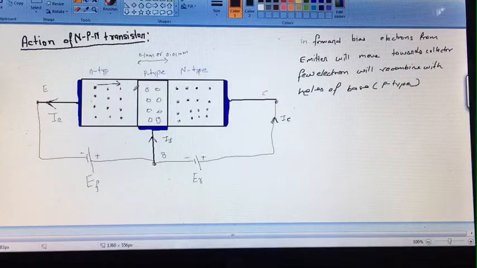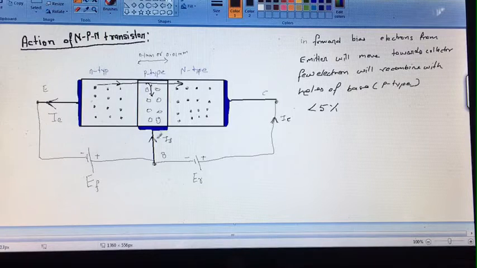Some electrons which are moving from emitter to collector will recombine in this region. We can draw a diagram here showing the motion of the electrons in which a few of them recombine. We can say that less than 5% of electrons will recombine in the base region.